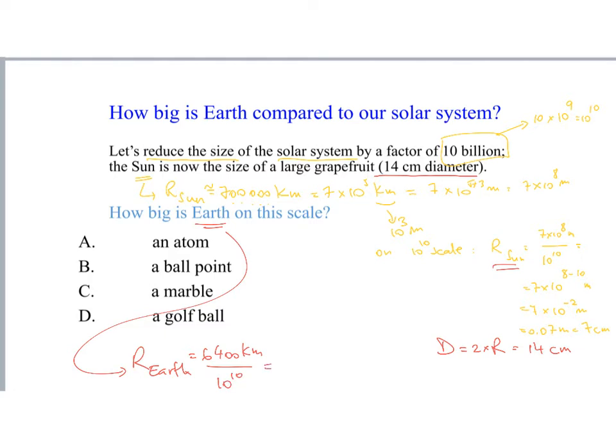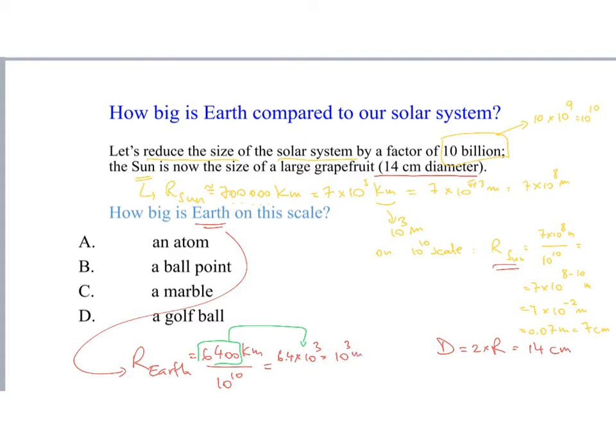So what do we get? Again, try to work with scientific notation because it's just so much easier to manipulate the powers of 10. So we have 6.4 times 10 to the 3. So this was this number. And then we have the kilometer, and we're going to write it in meters because we're going to need something really small.